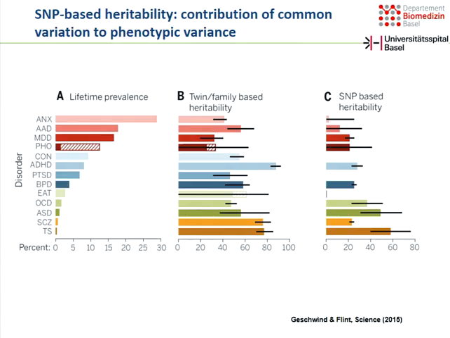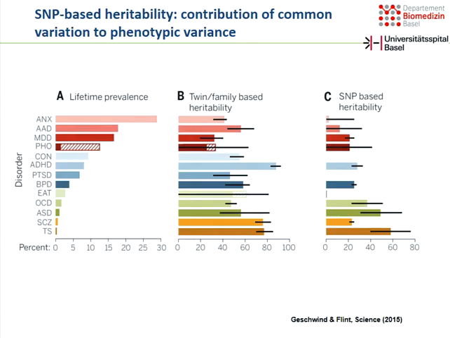In Tourette syndrome, for example, it's very high. It's almost 60%. So there are differences in the contribution of common variation to each disorder. And that is not the same picture as the overall heritability. So common variants contribute more to one disorder than to another disorder.